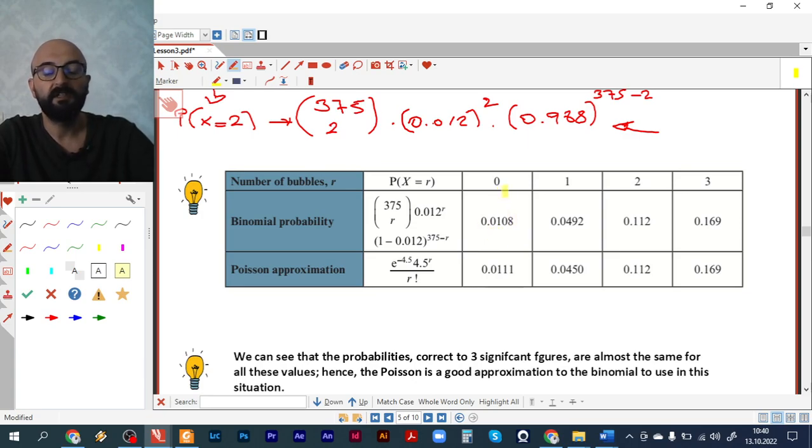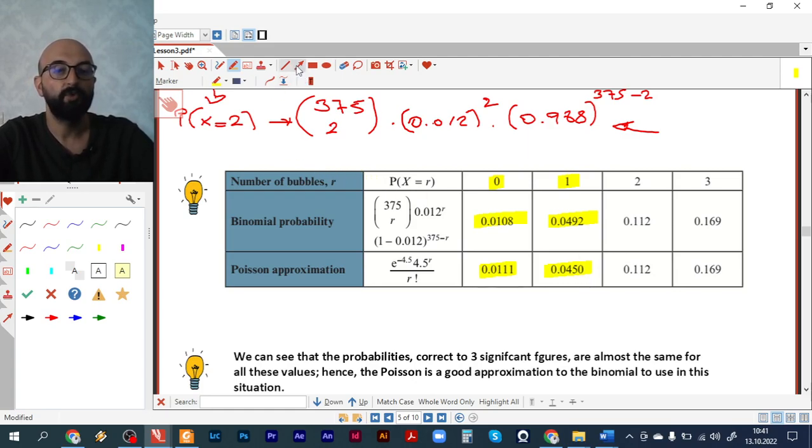If you want the probability of 0 using the binomial distribution, this value is 0.0108, but for the same value using the Poisson distribution, you find 0.111, and both values are very similar. Also, if you want the probability of 1 using the binomial distribution, your result is 0.0492, but using the Poisson distribution, 0.0450.